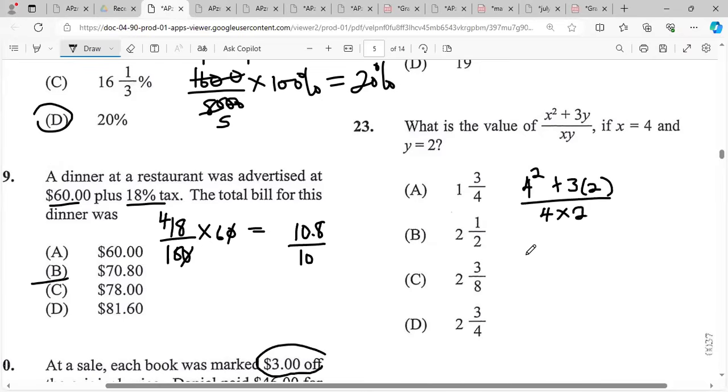So 4 times 4 is 16, 3 times 2 is 6, 4 times 2 is 8. So add the top first, which is 22 over 8. How many 8s can you get out of 22? That's 2, right? 8 times 2 is 16, so 6 over 8. So when I break it down, bam.